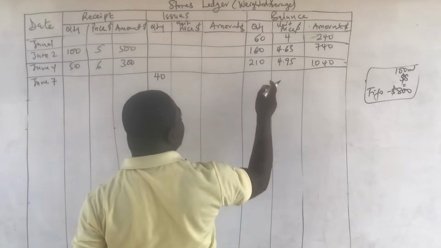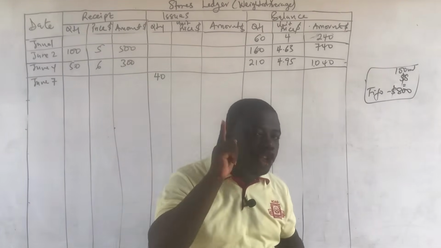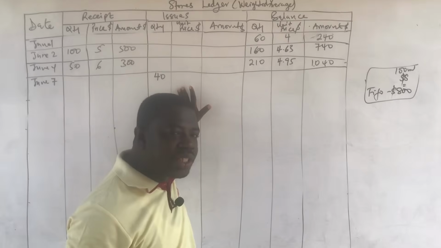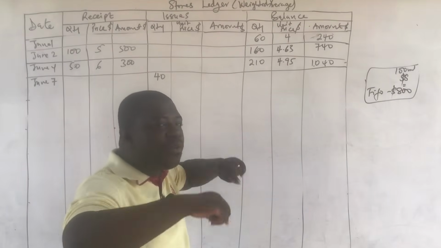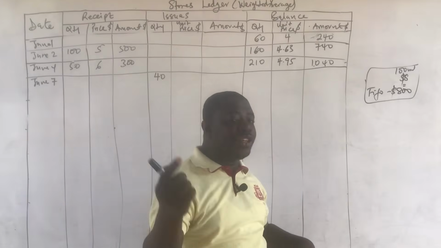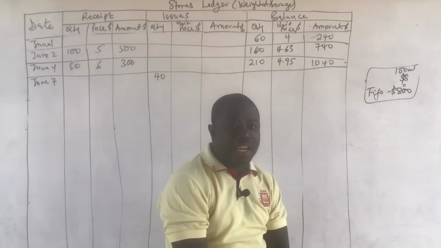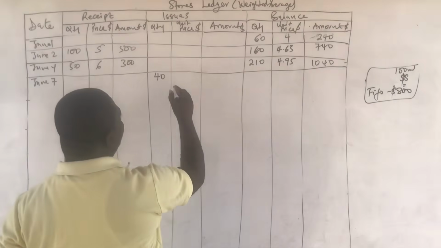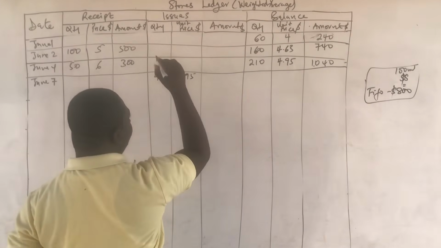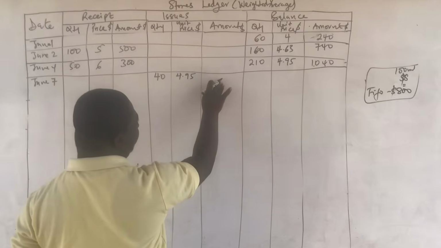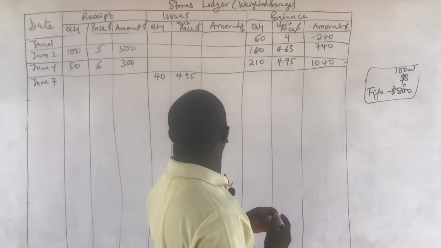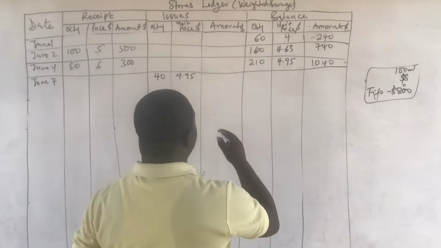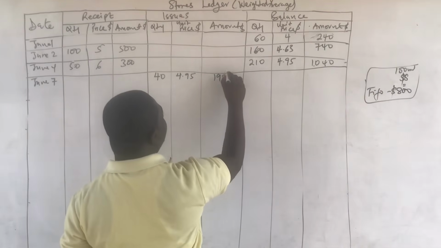As at the time of issue, the price applicable at the balance is what you are going to use. So if at the next issue the price has changed, you use the prevalent price. Over here, the price is 4.95, so we are going to use 4.95 to issue. We multiply and put it there. So 40 units times $4.95 gives us $198.